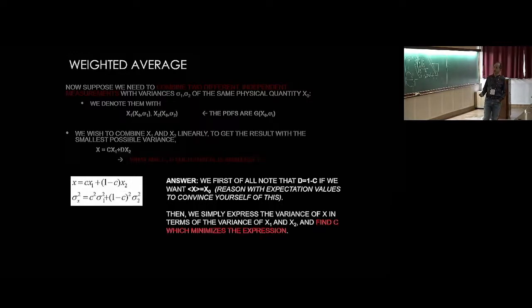So first of all, you write the variance of x, which can be expressed from the variances of x1 and x2 by error propagation. The formula is here, right? And you get sigma squared of x is C squared times sigma squared 1 plus (1 minus C) squared times sigma squared 2.